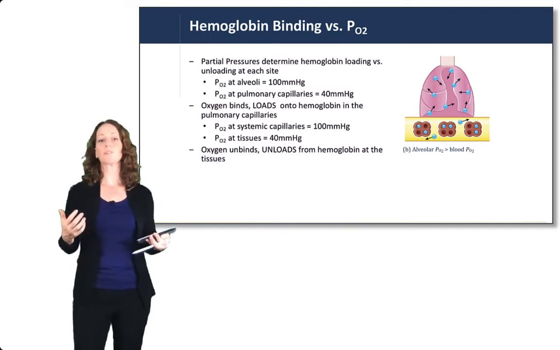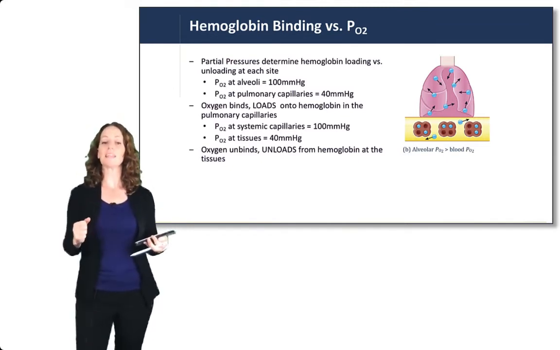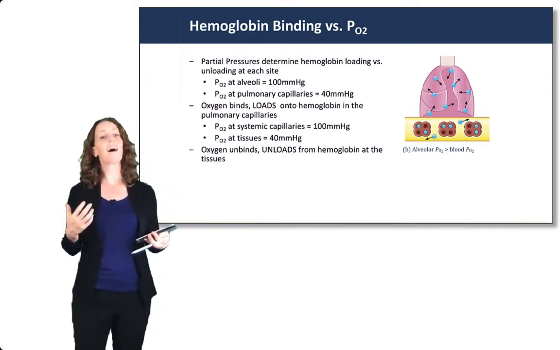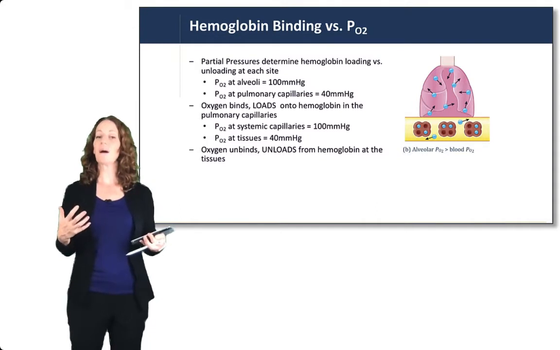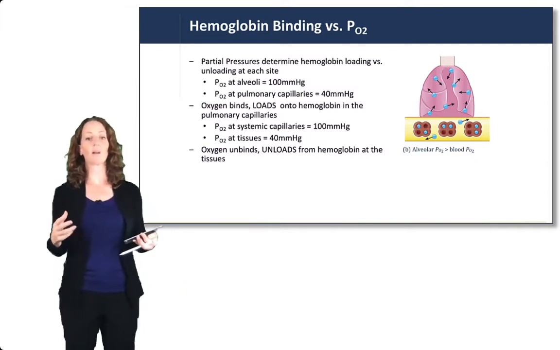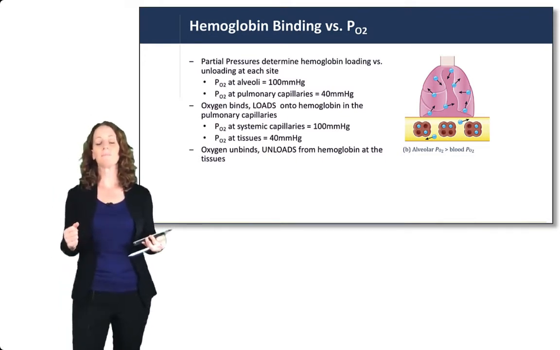Partial pressures will determine the hemoglobin loading versus unloading at each site. When the partial pressures of oxygen are high, the oxygen should bind and load onto the hemoglobin. When the partial pressures of oxygen are low, the oxygen should unbind and unload from the hemoglobin.